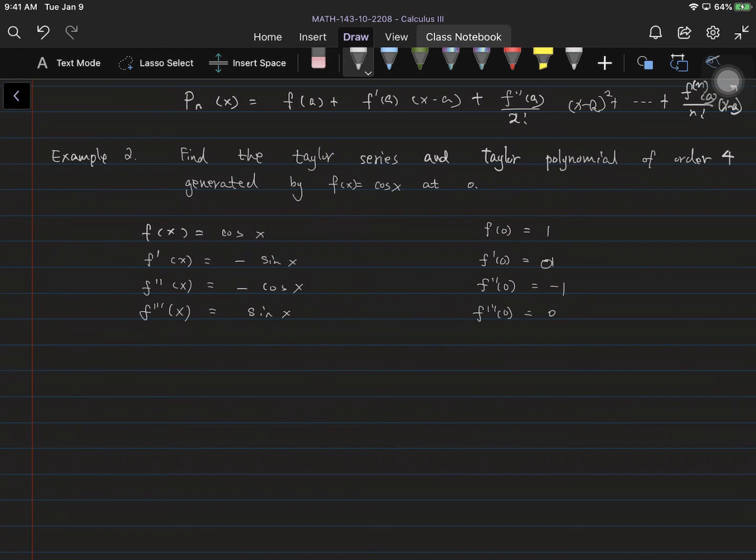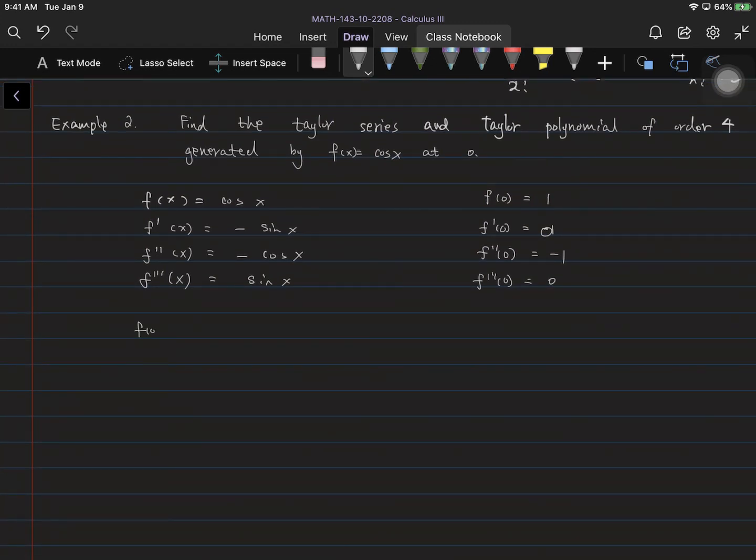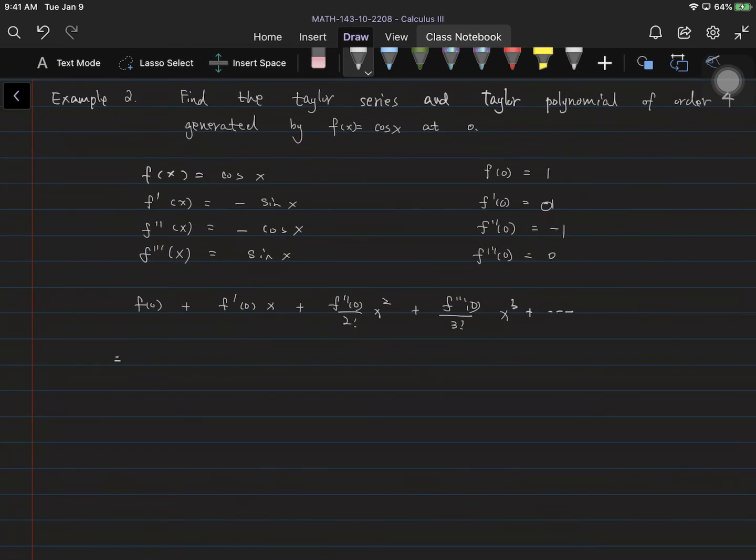So let's write down our Taylor series: f(0) plus f prime(0) x plus f second derivative over 2 factorial x squared plus 3 factorial x cubed. That's the formula for the Taylor series. Now change f(0) into 1, plus 0 times x, minus 1 over 2 factorial x squared, plus 0 times x cubed, like this, right?